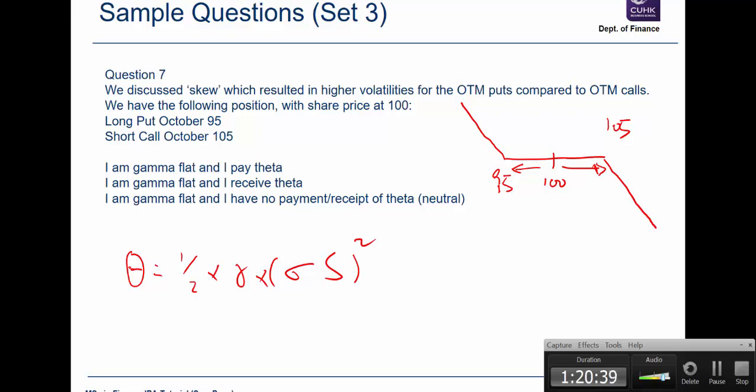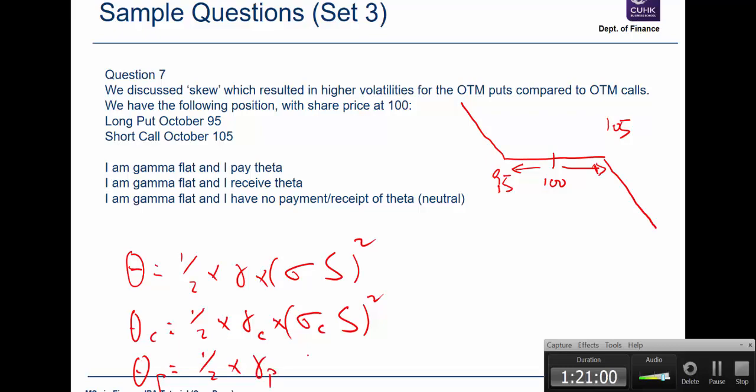For your call, theta is going to be a half times gamma of your call times the call sigma times the stock price, whereas for your put, theta will be a half times gamma of the put times sigma of the put.